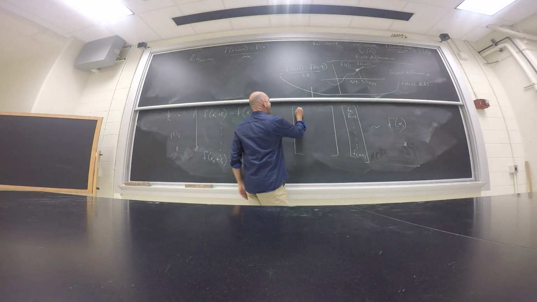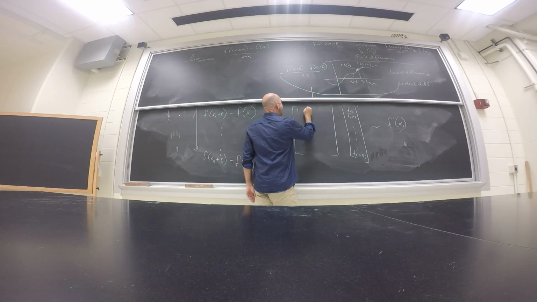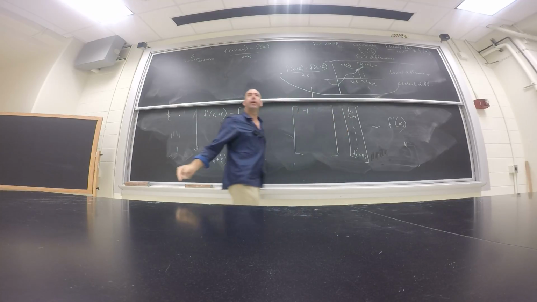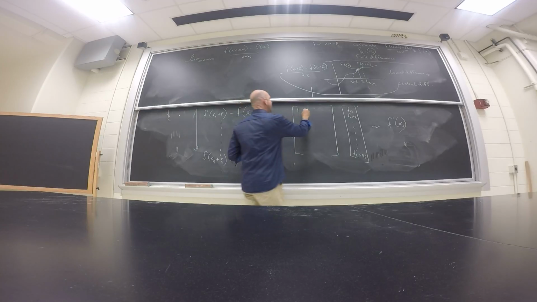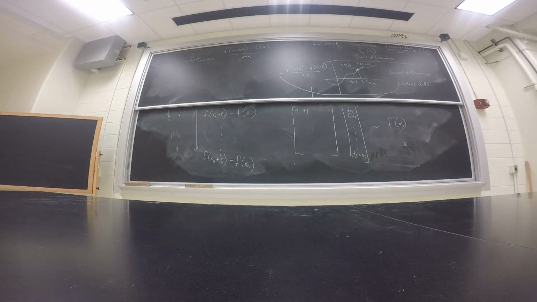So if I put minus 1 for f of x1 and 1 for f of x1 plus epsilon, those are the first two elements of the matrix that I'm multiplying. Right?